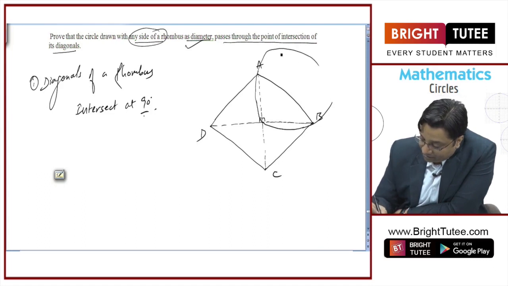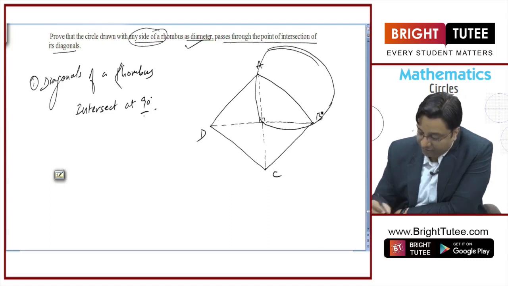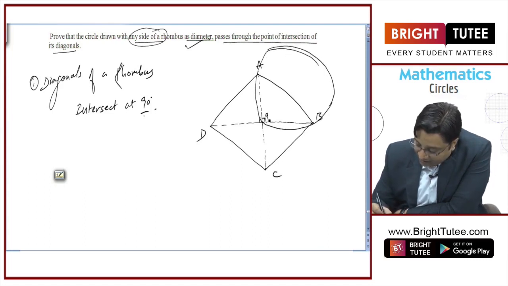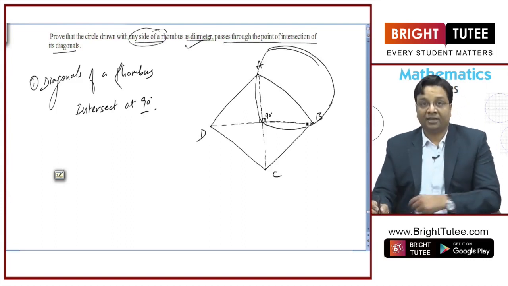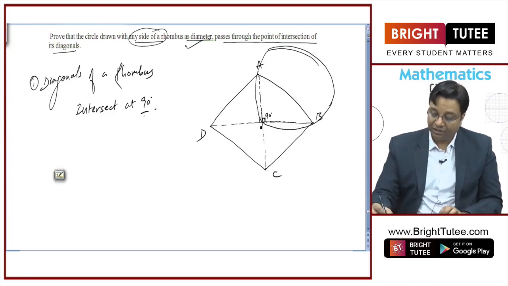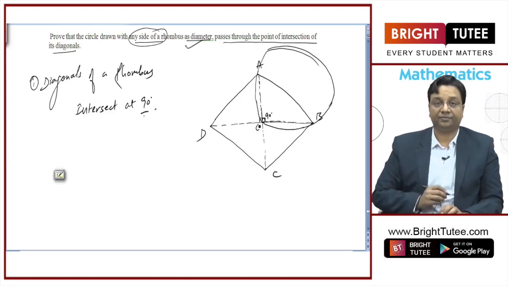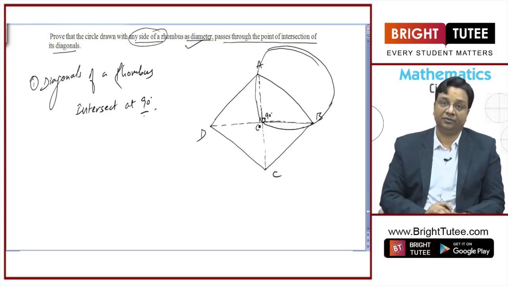It will definitely pass through this point. Why? Because this angle is 90 degrees, and if we are taking AB as diameter, then this angle will also be an angle in the semicircle, which is anyway 90 degrees. Hence it is necessary for the circle to pass through this point of intersection of diagonals.